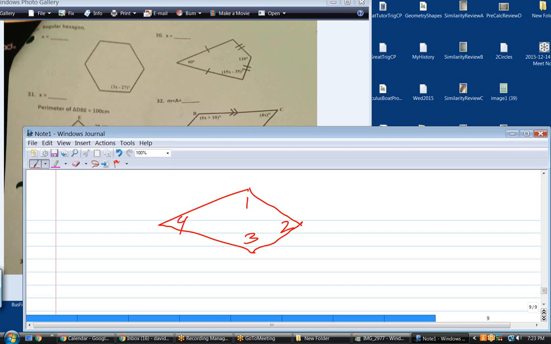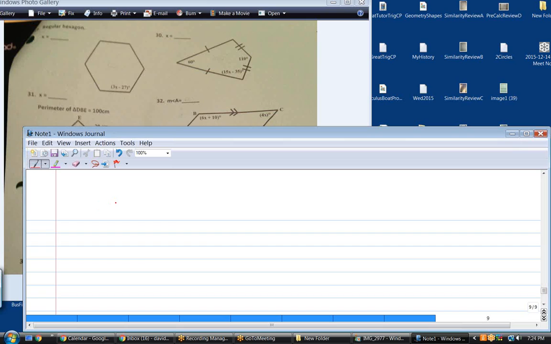So 1 and 3 are equal to each other. And only that. 2 and 4 are not equal. You can see that from the picture. 110 is not equal to 60. But this angle here is equal to that angle there. So now, what equation can I write that only is going to have one variable in it, and it's going to allow me to solve for x?